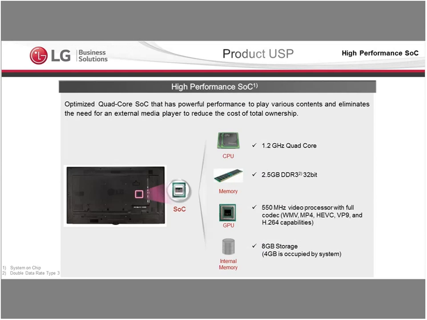Again, system on chip. So I mentioned at the beginning, and I'll mention it again, WebOS. WebOS is our way of putting the brains into the brawn of the screen itself. So we have an optimized quad-core system on chip, which offers you outstanding performance: 1.2 gigahertz quad-core, 2.5 gigabyte DDR with a 32-bit chip.